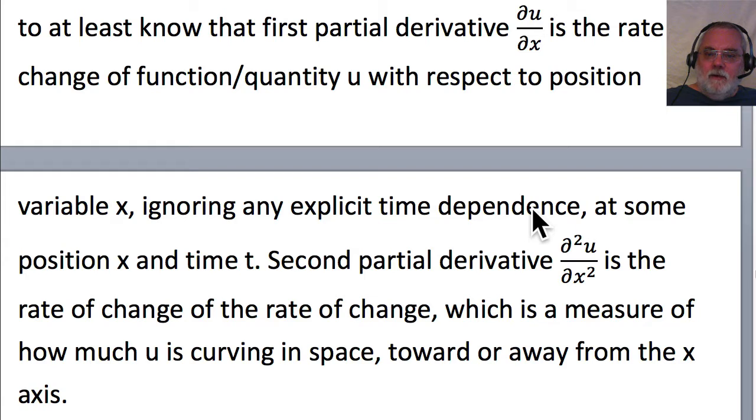It's that value, that rate of change, at some position x in time t. The second partial derivative with respect to x is the rate of change of the rate of change, which is a measure of how much u is curving in space toward or away from the x-axis.